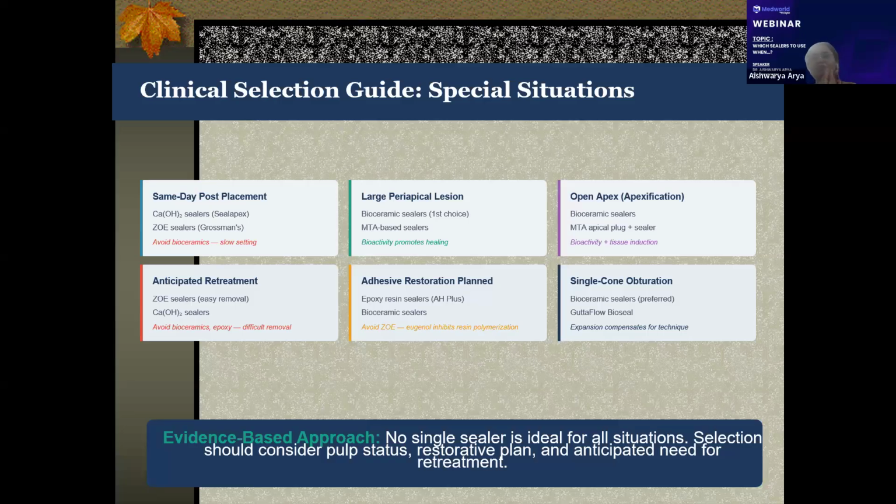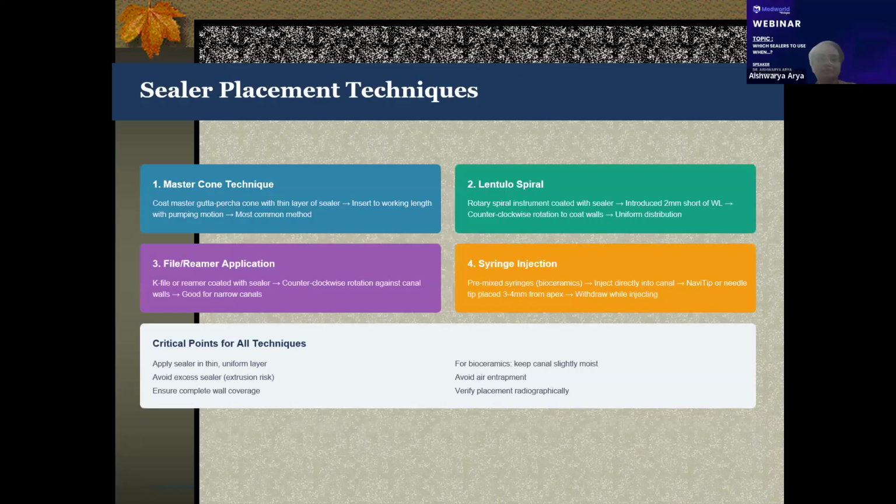Where you are supposed to have a follow-up of 3 months, 6 months, and 1 year. In those cases, always opt for sealers which are very easy to remove so that you can do a good amount of irrigation, which helps more in retreatment cases.